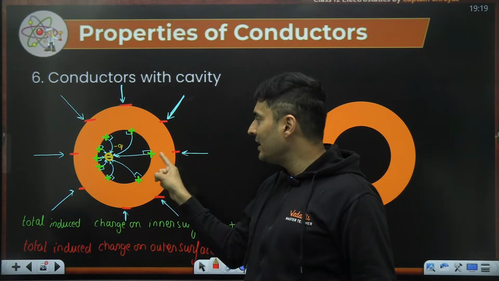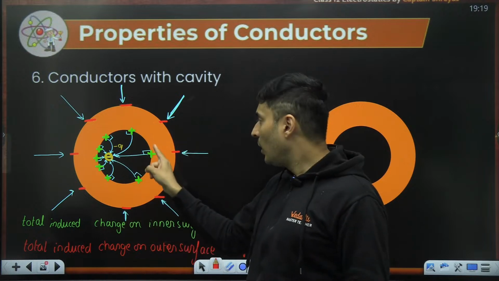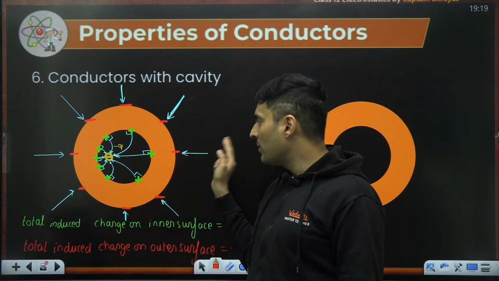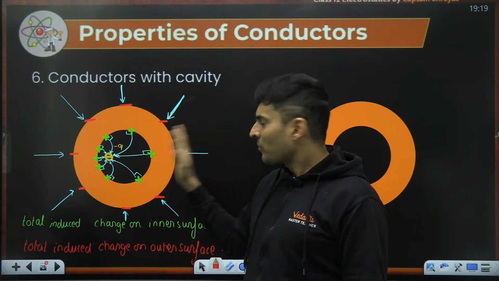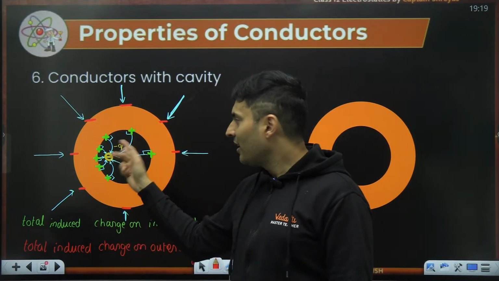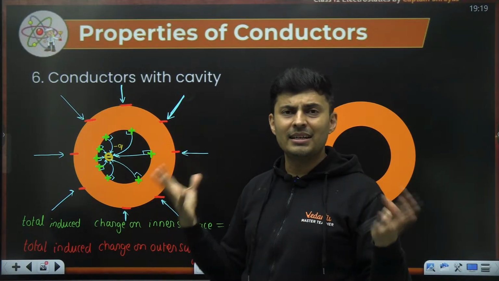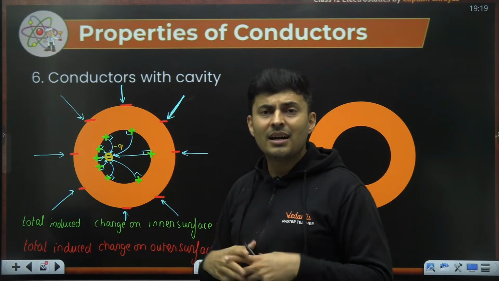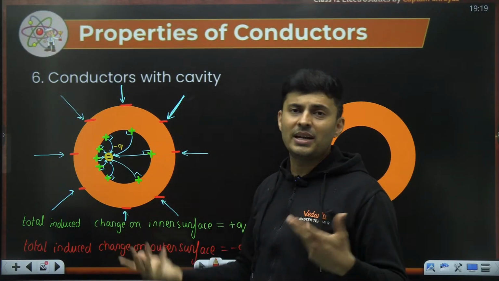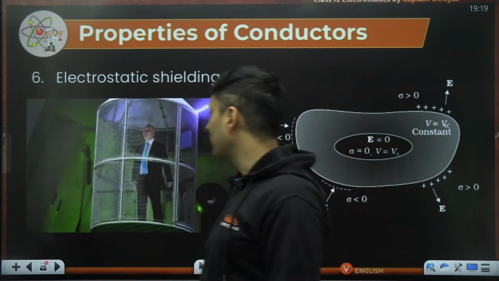The electric field lines will break, they will stop, they will terminate on the inner surface, and they will abruptly start over here. But understand, once there is a break, gone. So there is no way you can know where the mobile phone is, and the signals will start getting interrupted, and you will see a complete lack of information to the outside world. So that's how electrostatic shielding works.